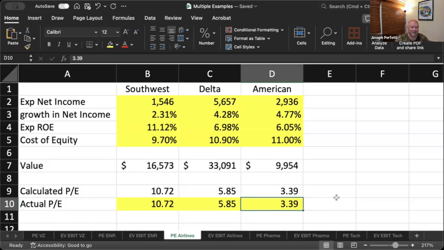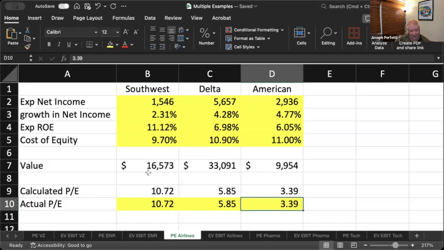All right. So what we're going to try and do is explain the differences in the PEs. Okay. Now, if a PE is trading higher than another, Southwest higher than Delta, that's called a premium. Southwest PE is trading at a premium to Delta. If a PE is trading lower than somebody else's, that's called a discount. Delta is trading at a discount to Southwest. Okay.